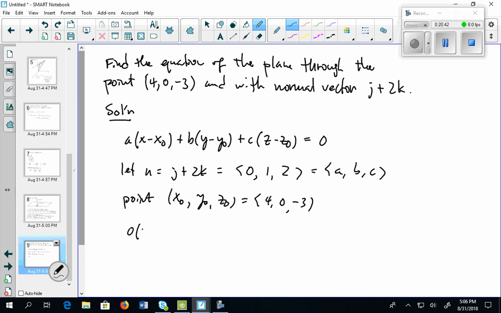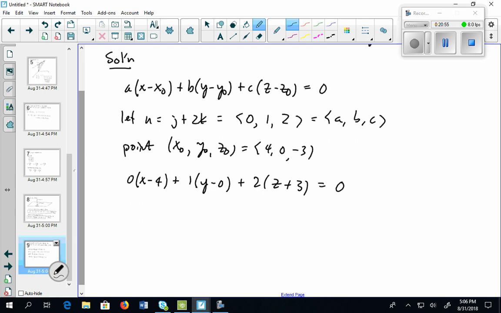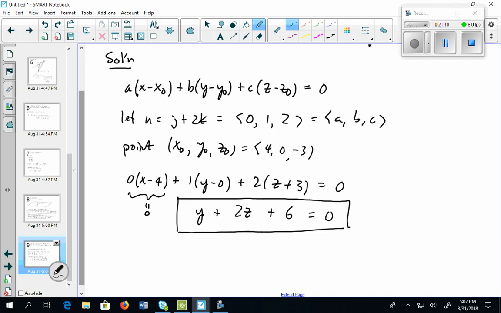I mean, we don't have to write this, but I'll put it in for the example here. And then plus, we don't have to write the 1, but it'll serve the example. And then plus 2(z + 3) still equals 0. Now all of this is equal to 0. And we get 1 times y plus 2z plus 6 is equal to 0. And there we have the equation of the plane.